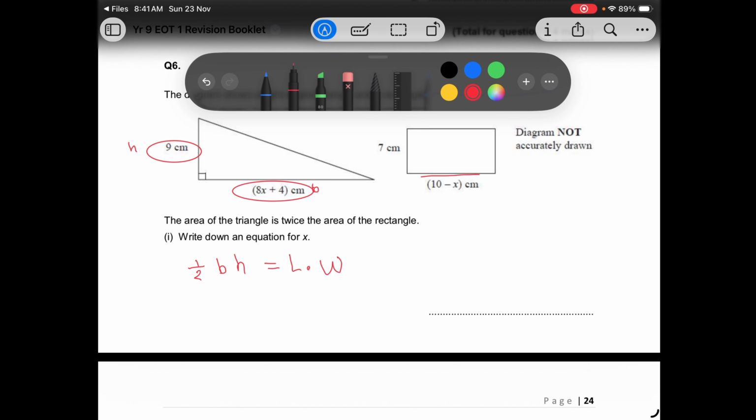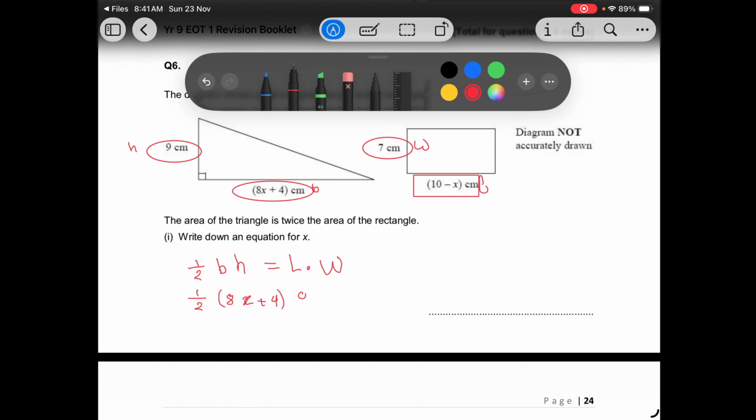So if you call this the length, this will obviously be the width. So it will be 1/2 times the base, and the base here is 8x plus 4, times 9.